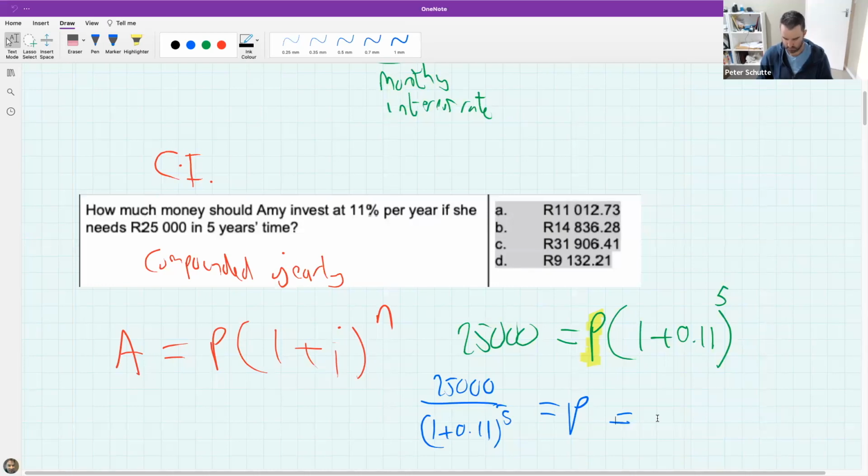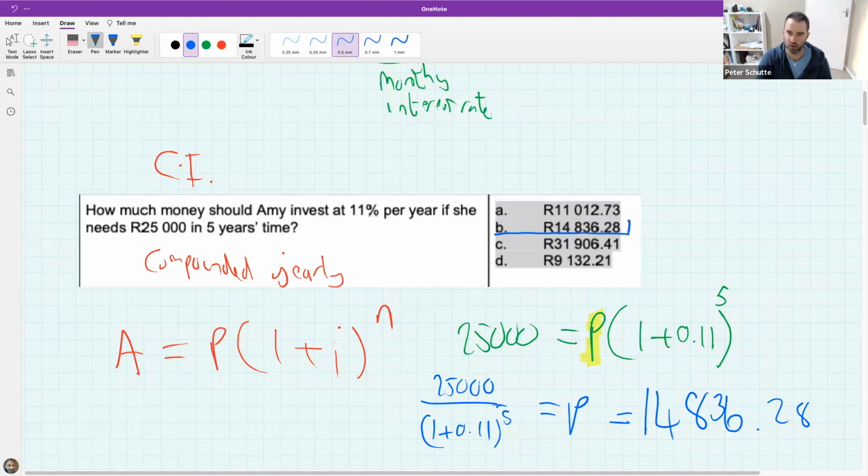And what do we get? I get 14836.28, which corresponds to B.